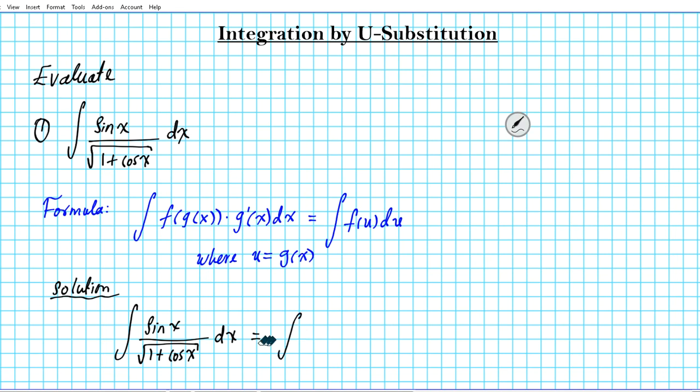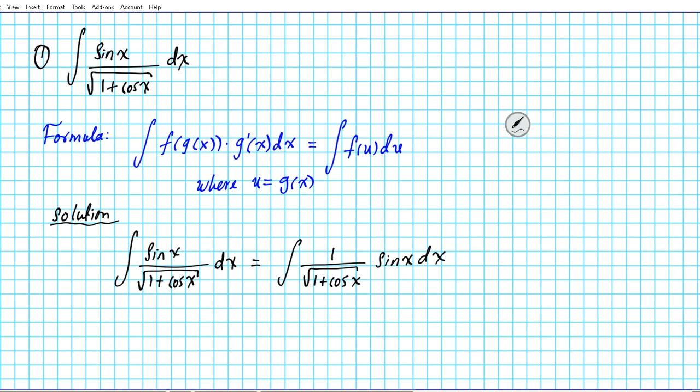We have the integral of the composite function, which is 1 over the square root of 1 plus cosine x, a composition of rational, radical, and a trig function. And then we have the other function, sine x, which I'll put to the side, sine x dx. The benefit of this is it makes it easy to identify what goes where.